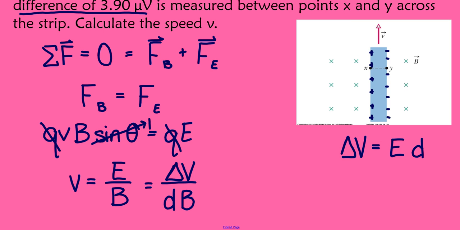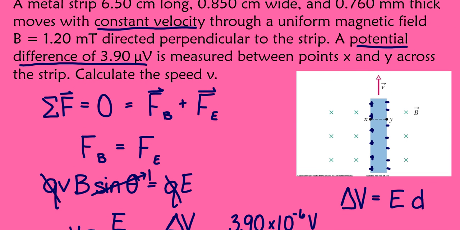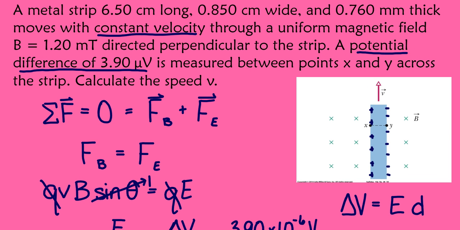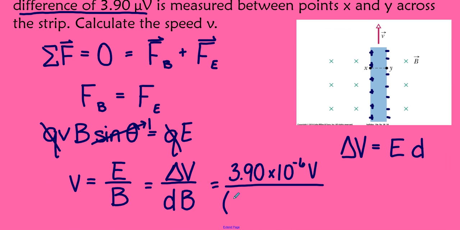And now I'm left with an equation for the velocity that includes three quantities that were given to me. A potential difference of 3.90 microvolts, or 3.90 times 10 to the negative 6 volts, divided by that distance between X and Y, otherwise known as the width, 0.85 centimeters, or 0.00850 meters.